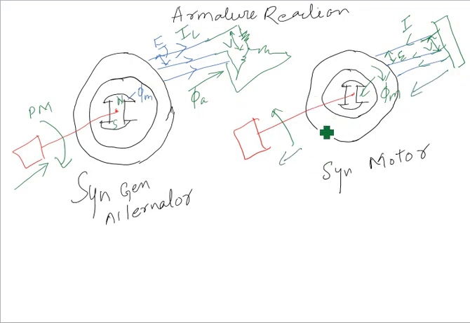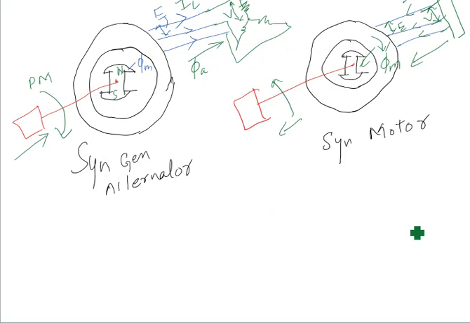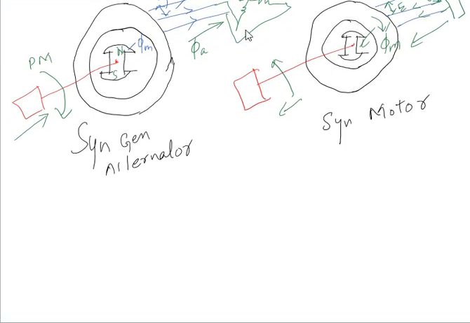That is why, if you draw the phasor diagram, suppose the load is resistive load, R load, called UPF, unity power factor load.